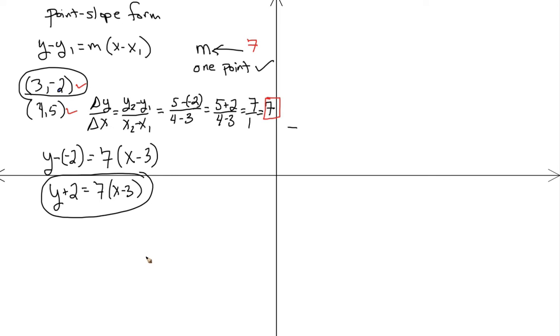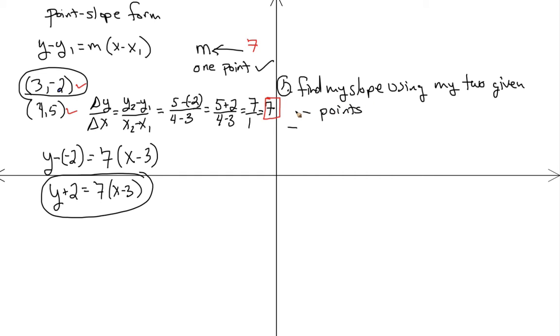So again, it says describe my steps. Step number 1 would be to find my slope using my 2 given points, which is what I did right over here, all this work right here.